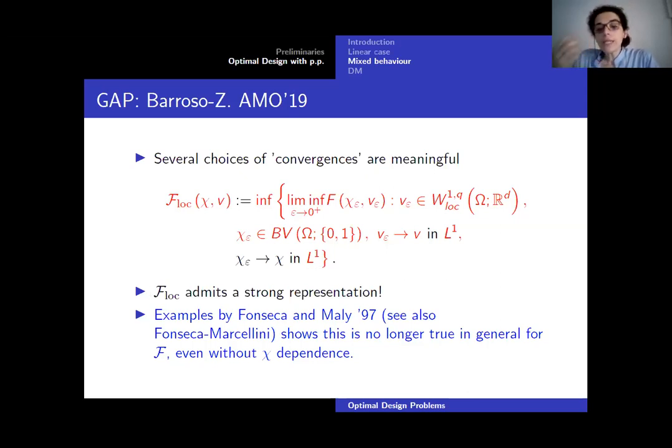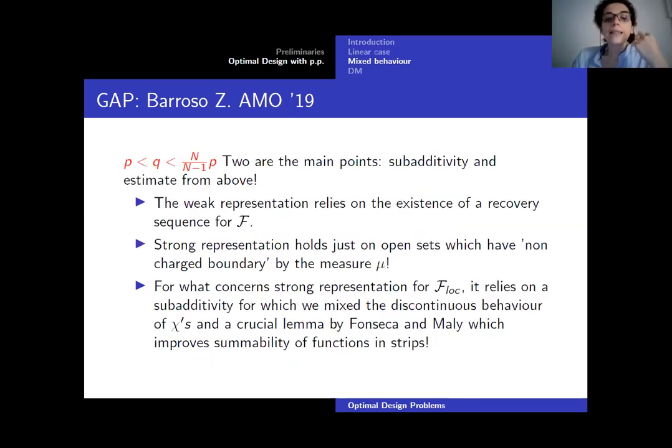The point is, what can we say in other cases, or can we have an idea about, let's say, the densities of this F-loc with respect to the measures that are there, or at least with respect to the Lebesgue measure and the measure decay, which are the known measures that will play a role for sure in our limiting process. And we could essentially say that there is a strong representation, not only for F-loc, but for F.